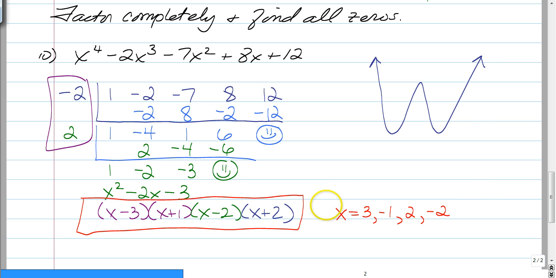And of course, if you would have looked at the graph with your graphing calculator, all 4 of those should have shown up as your zeros, again to prove to you that the graphs and factoring and finding zeros are all tied together. Okay, now this is a wonderful quiz review.